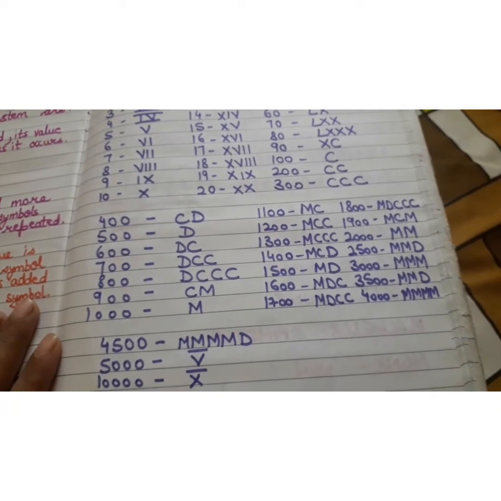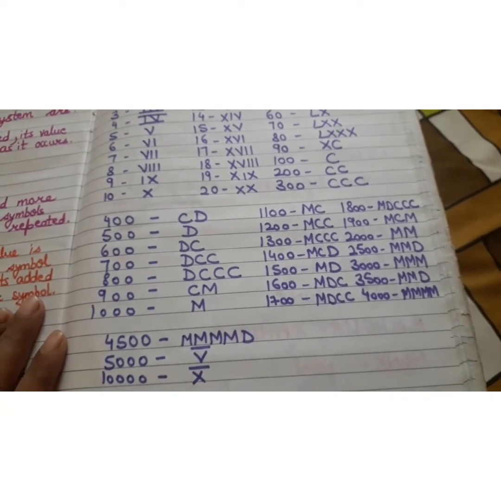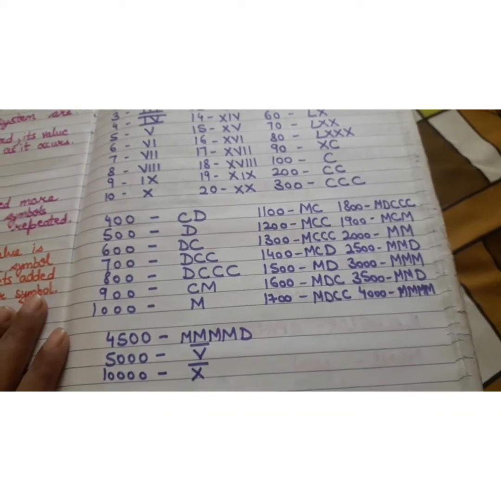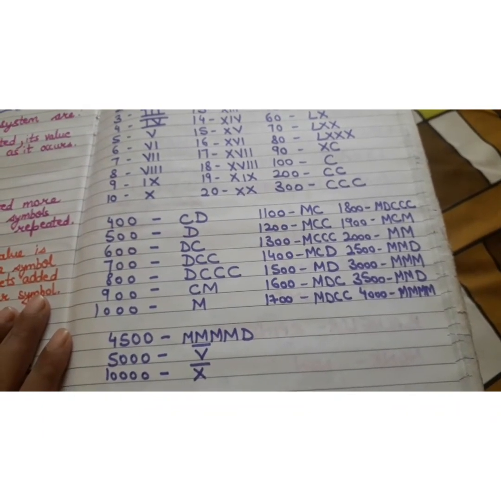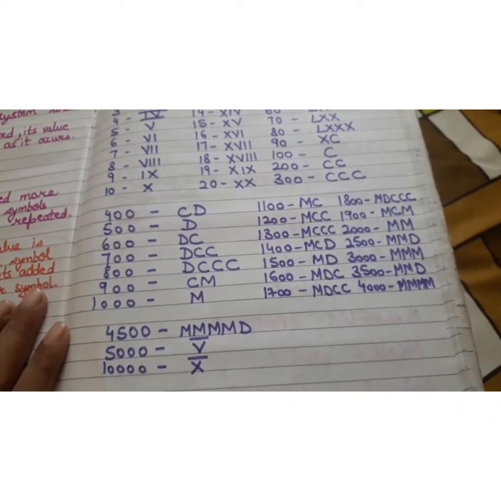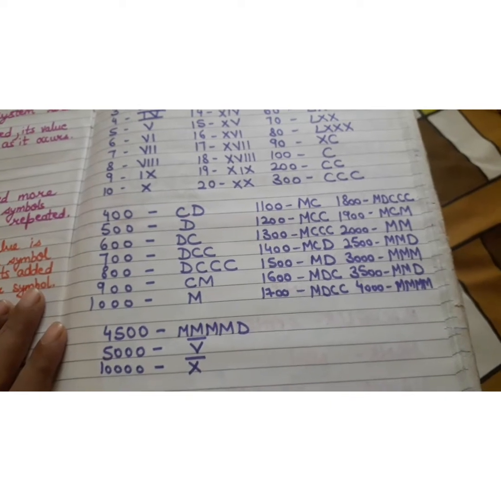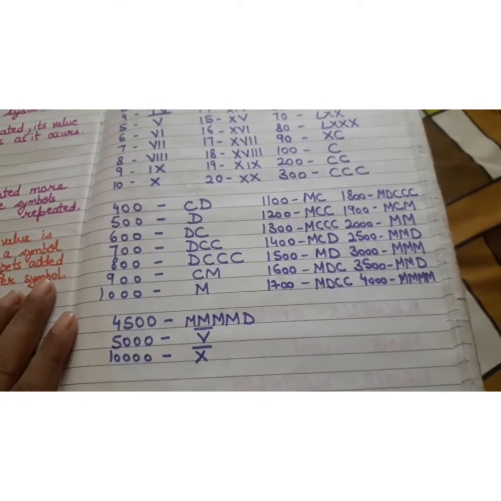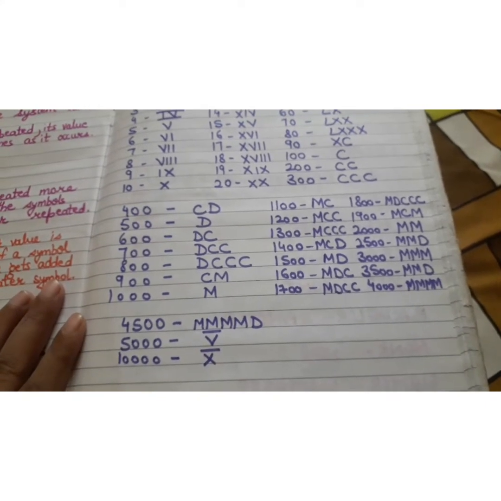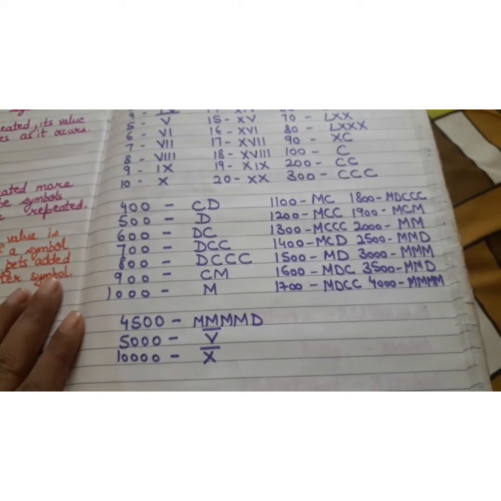So 500 is D, 1000 is M, 1500 is MD, and double M is 2000, and triple M is 3000, 4 times M is 4000. 5000 is written as V with a bar over it.